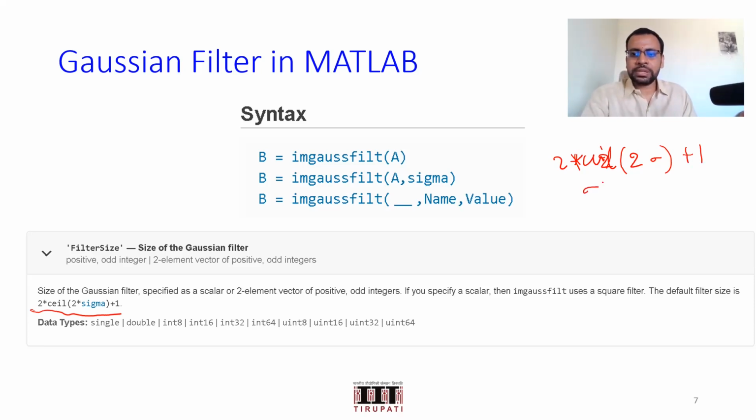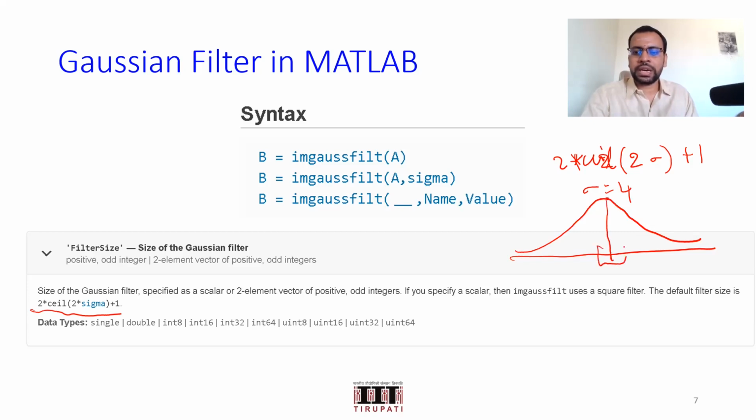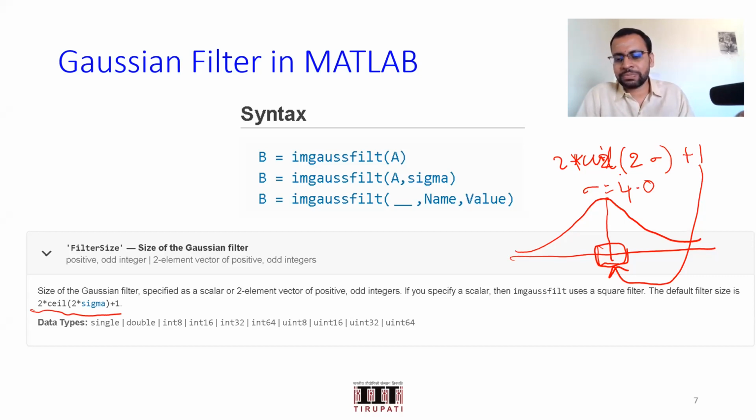Suppose I have sigma equal to 4. For your Gaussian function, of course, 1 will be there at the center. That is what this 1 is coming from. On this side, if it were 4.1, you would have taken 5 on each side, but for simplicity, consider 4. So that means this whole thing you would divide into 4 parts here.